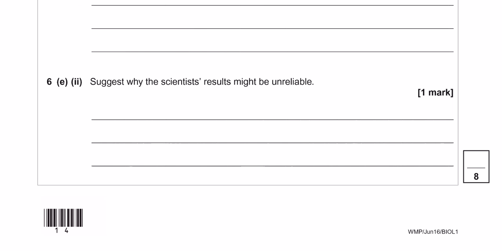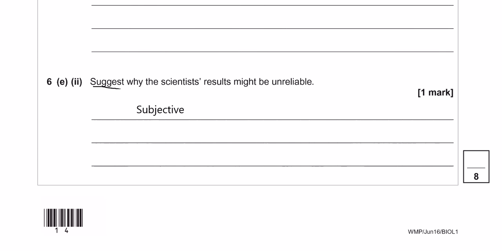Then on to the final question, 5e2. It says suggest. I love the fact suggest is there. Why the scientists' results might be unreliable. Well, the key thing you need to know is that it is subjective. Having a scale of 0 to 5 is very subjective.